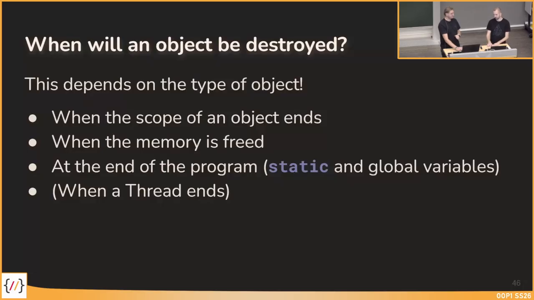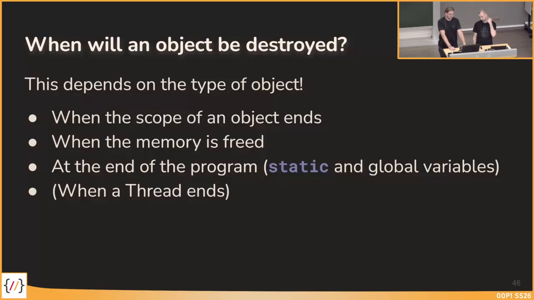Okay, so when will this object be destroyed? It depends on the type, of course. As we said, the destructor is called when the object goes out of scope, when it's not on the heap, when it's on the stack, for example. Then also when it's on the heap and the memory is freed, the object gets destroyed.